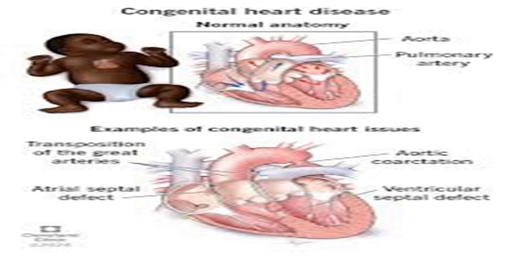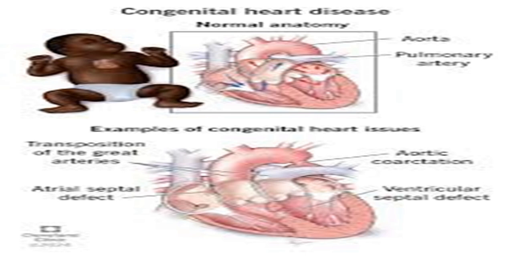Lifelong follow-up care with a cardiologist is essential for monitoring heart function and managing any complications. Many people with CHD can lead full, active lives, though some may face limitations in strenuous physical activities.